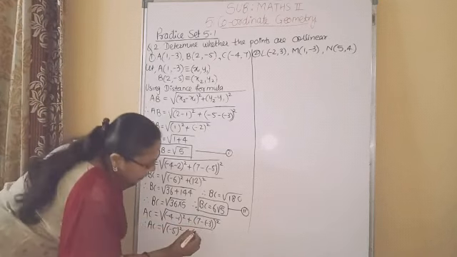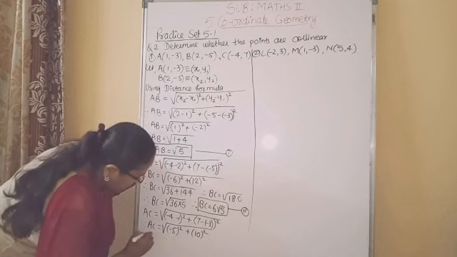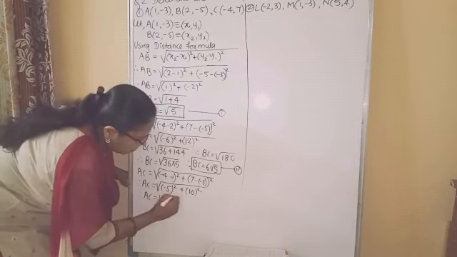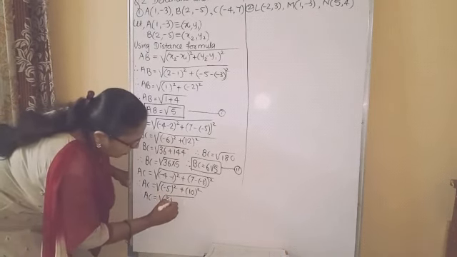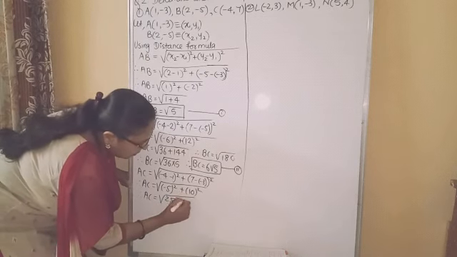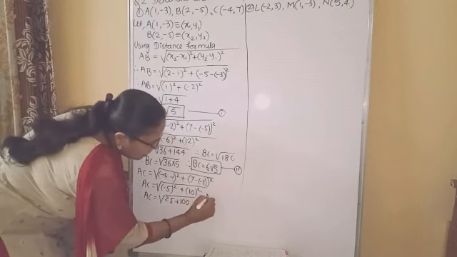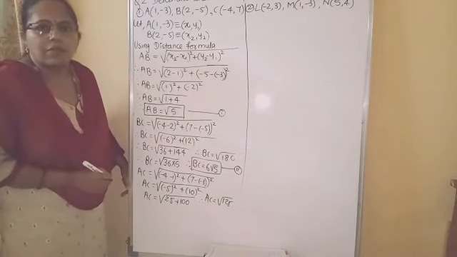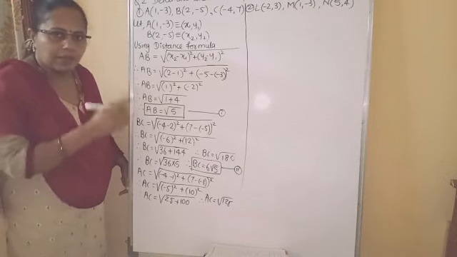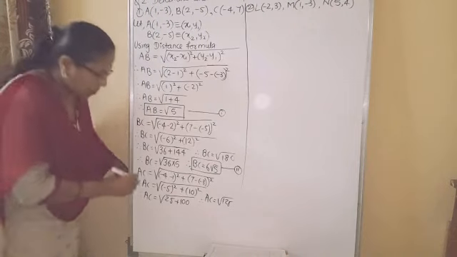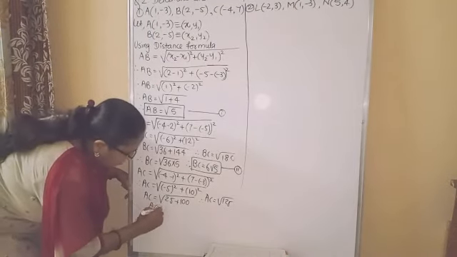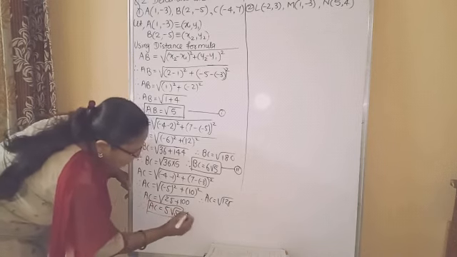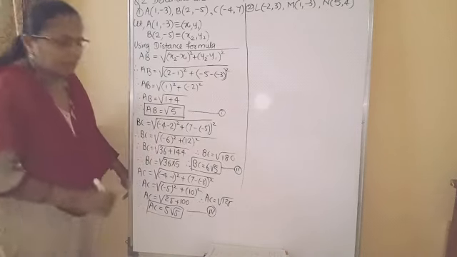So 7 plus 3, 10 square. For AC equal to 5 square is 25, 10 square is 100. Therefore, AC is equal to square root of 125. Factors of 125 are 25 into 5. Square root of 25 is 5. So AC equal to, we will get 5 root 5. This is our statement number 3.